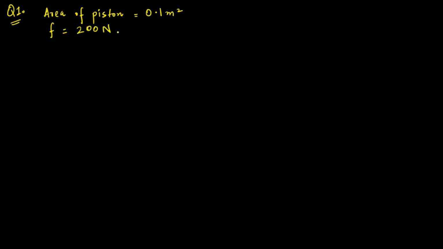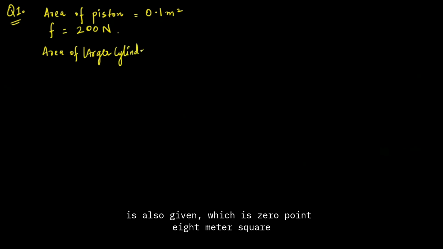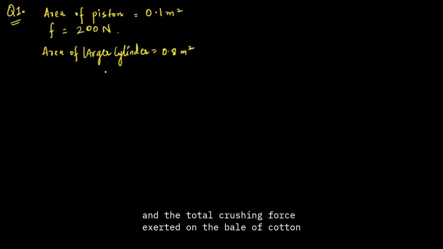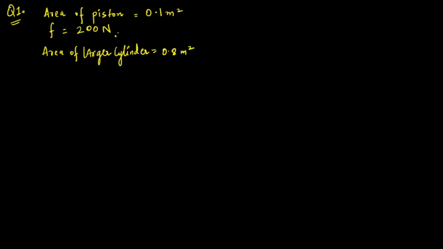Now the question says the area of the larger cylinder is also given, which is 0.8 meter square. Find the pressure produced in the cylinder and the total crushing force exerted on the bale of cotton.